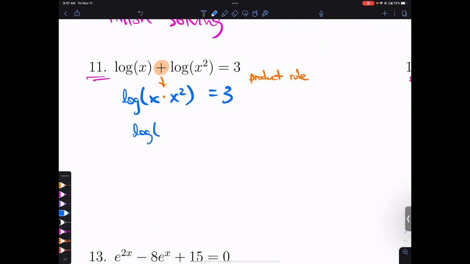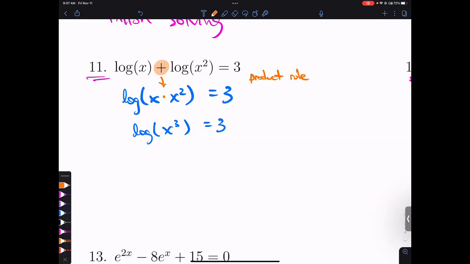So in other words, the log of x cubed. Now we have what we're looking for, right? I have a logarithm of a single thing all by itself on one side of the equation. Now we can try to solve.